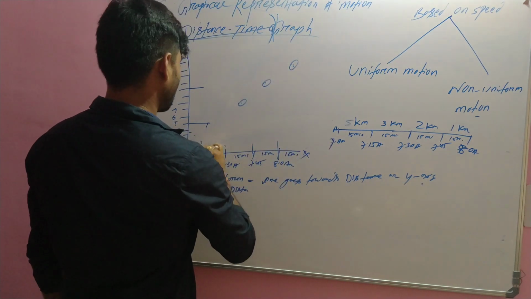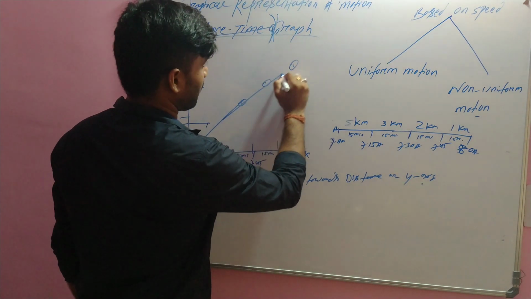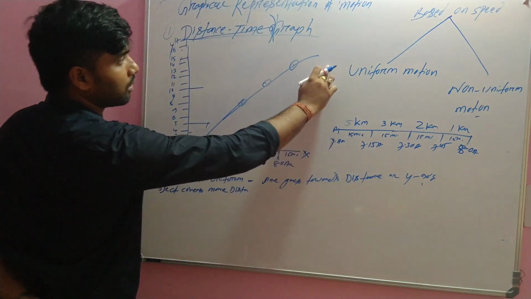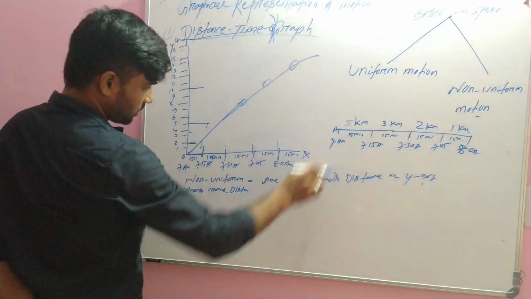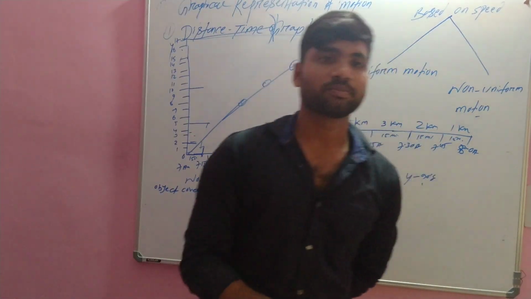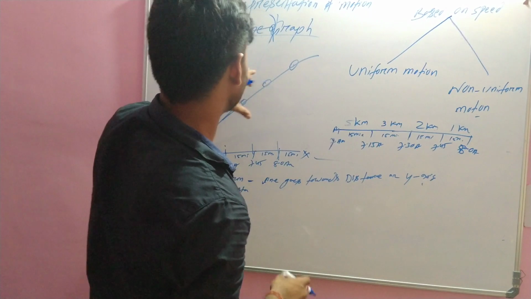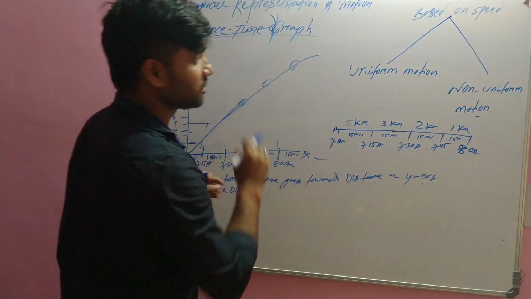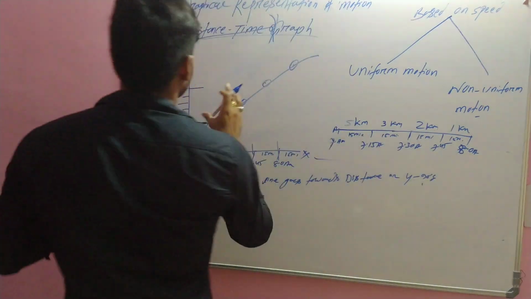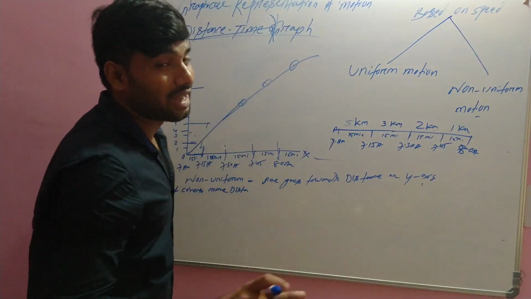So gradually the graph line goes towards the time axis because it covers less distance. It is not possible to draw on a whiteboard. It is better to represent it on graph paper.